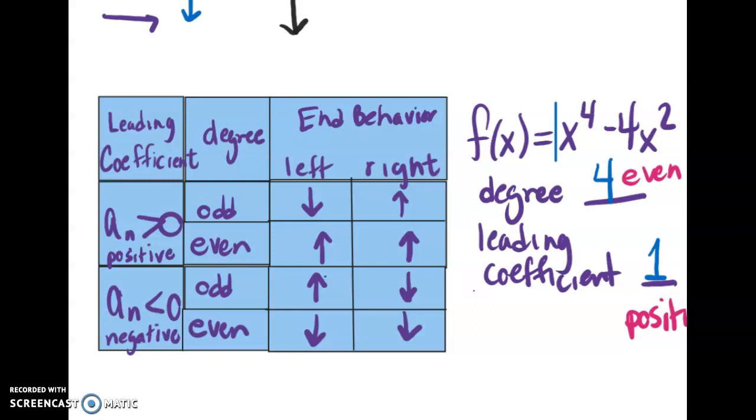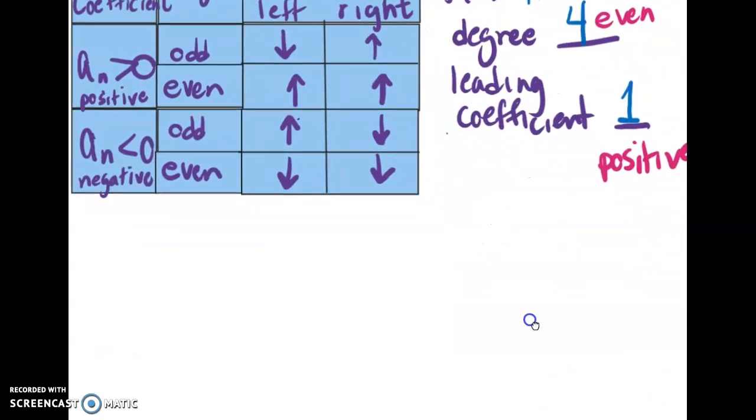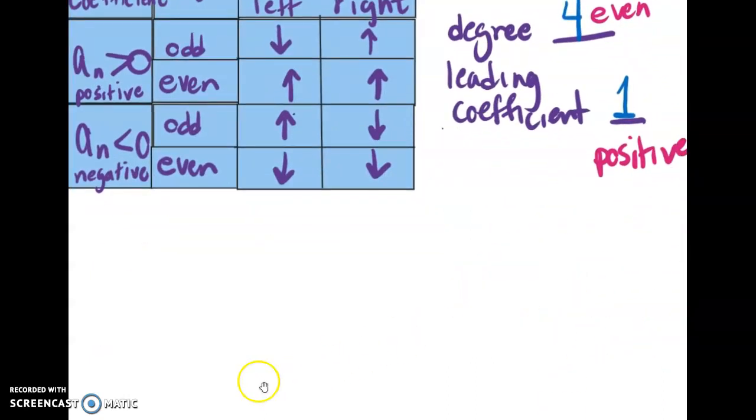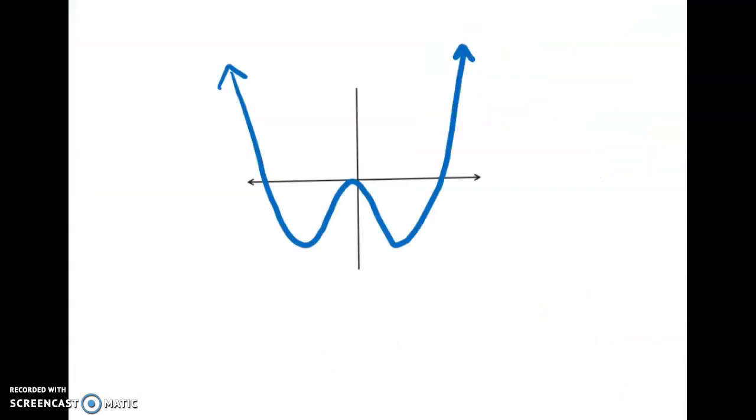Now, we saw that graph crossed the x-axis. And so I'm going to copy that graph to my whiteboard here, and discuss it further. So it looks something like this, the graph. And there are places where it crossed or touched the x-axis.